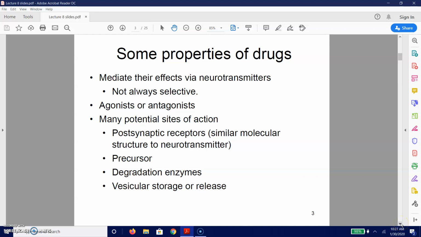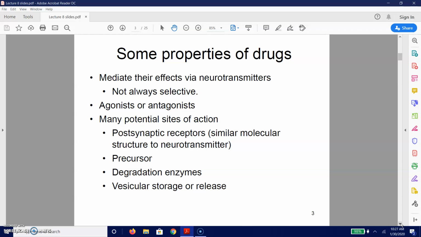So let's talk a little bit about the properties of drugs. Drugs do not work by magic. They mediate their effects through neurotransmitters. Now, some drugs like SSRIs, which are very common antidepressants, are selective and only work on serotonin.